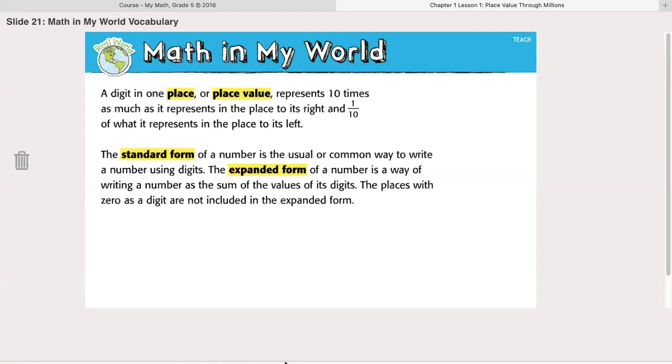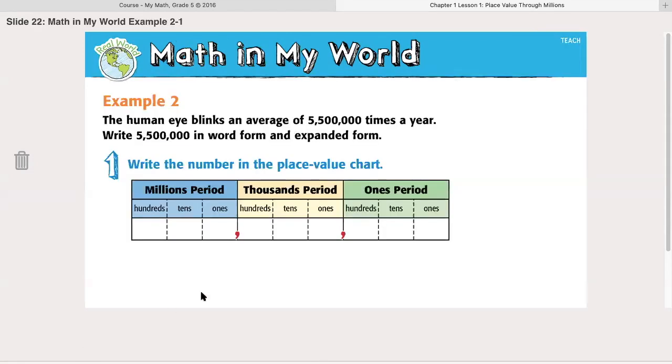The standard form of a number is the usual or common way to write a number using digits. The expanded form of a number is a way of writing a number as the sum of the values of its digits. The places with 0 as a digit are not included in the expanded form. Okay, let's take a look at how to do that.